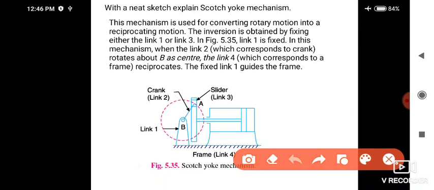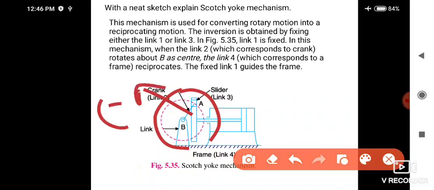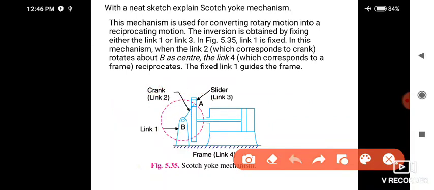The only thing is that rotary motion will be taking place whenever it connects to the crank, okay. This one is the crank. So whenever rotary motion starts, one end of the crank is connected to this slider. Inside that slider, grooves are maintained, and one end of that slider is connected to the connecting rod inside the cylinder.